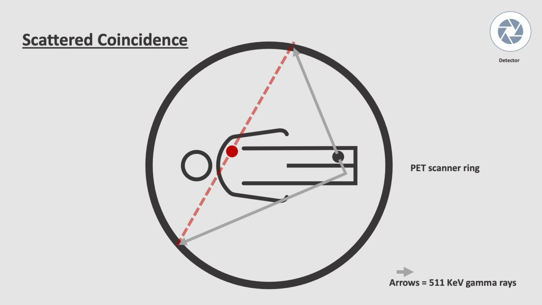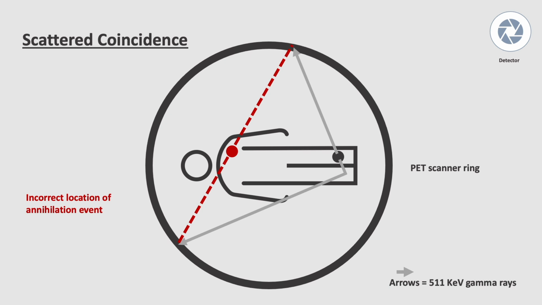The red dotted line is where the computer then draws the false line of response, which results in an incorrect determination of the location of the annihilation event. These false lines show up on the images as noise in the background. That is why corrections almost always need to be undertaken to obtain the final images.